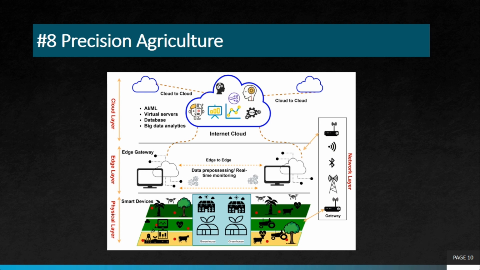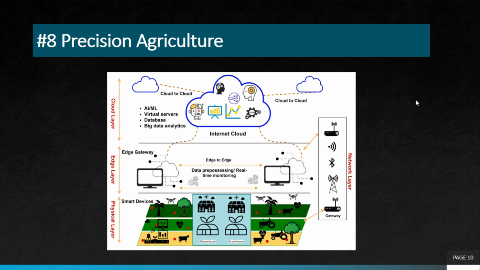We have precision agriculture as our next topic, and quantum computing can optimize agriculture operations by analyzing large amounts of data and providing insights on crop yields and optimal farming practices. If you see, this is not part of quantum computing, but it is the agriculture process where, with the help of smart devices, you are generating a large amount of data, right?